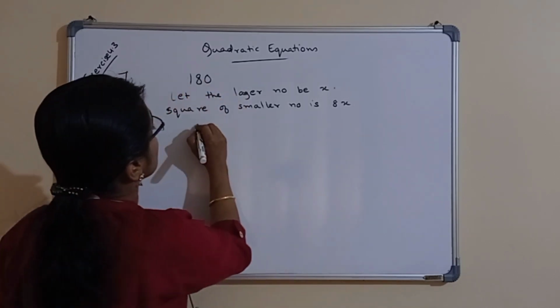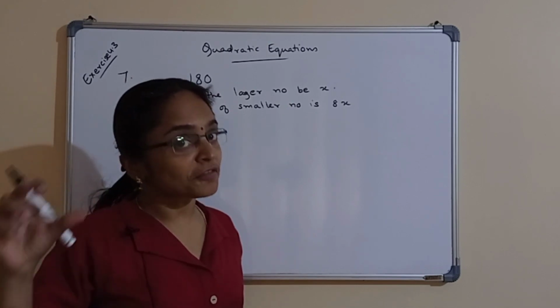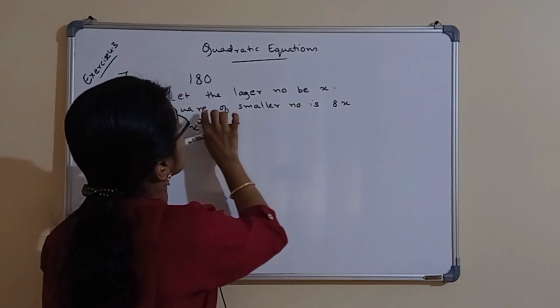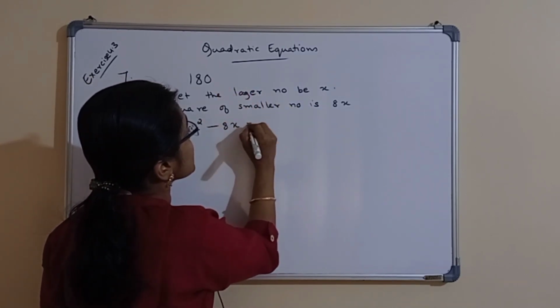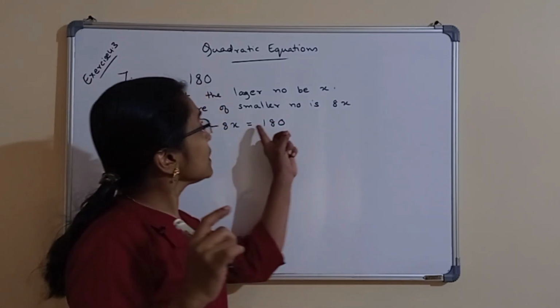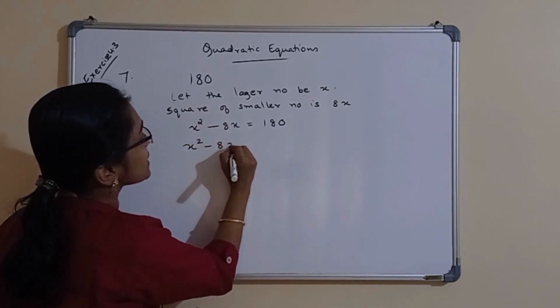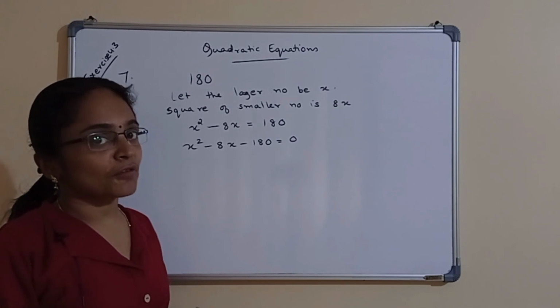The square of the larger number is x square and the square of the smaller number is 8x. So, x square minus 8x is equal to 180. So, this has become a quadratic equation. We can write this as x square minus 8x minus 180 is equal to 0. Now, we can solve for x.